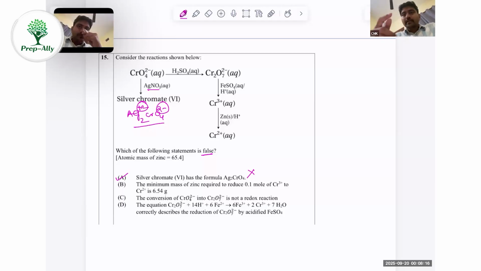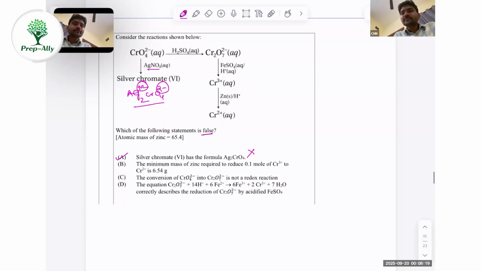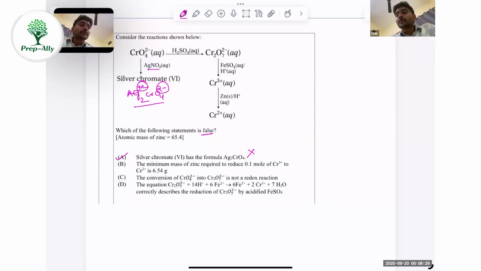Now if you take option B: the minimum mass of zinc required to reduce 0.1 mole of chromium 3+ to chromium 2+ is 6.54 grams. Chromium 3+ to chromium 2+ means the chromium 3+ ion is getting reduced. How many moles of chromium 3+ are there? 0.1 mole.